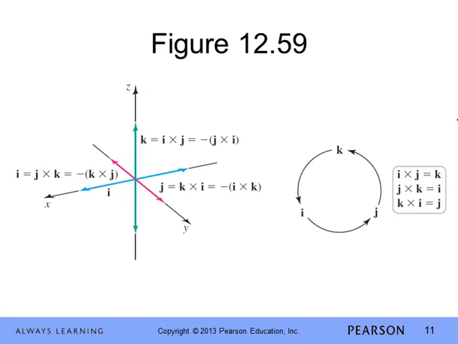What would be the magnitude of I hat cross J hat? 1, exactly. Because the magnitude of I hat is 1, magnitude of J hat is 1, and the sine of 90 degrees is 1 as well. 1 times 1 times 1 is 1. So I hat cross J hat, that result would be a vector of length 1.